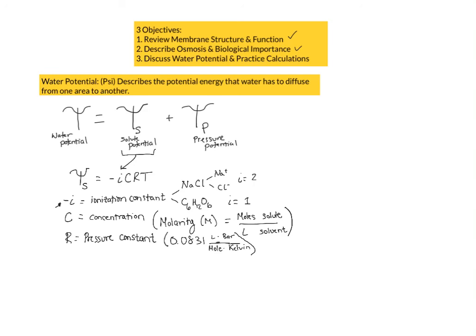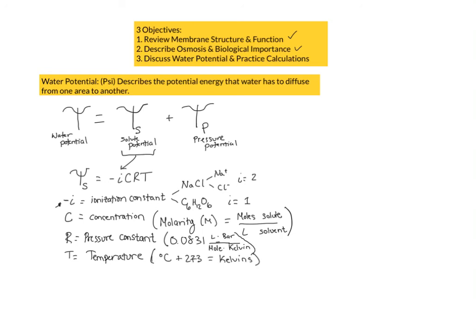Okay. Last is T, which is temperature. And temperature is going to be in kelvins whenever we're dealing with this equation. So if you haven't taken chemistry, when you are trying to convert temperatures that are given in Celsius to kelvins, the way you do that is you take your degrees in Celsius and you add 273, and that gives you the amount of kelvins for your temperature.